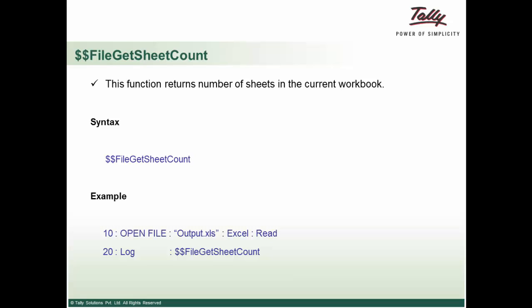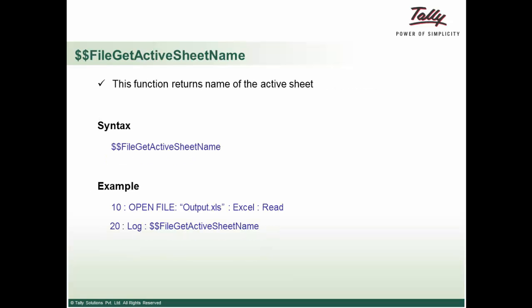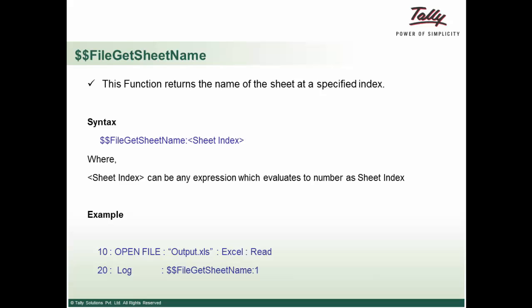Get sheet count tells you how many sheets are available in the current workbook. Get active sheet name gives the current sheet name that is active. Get sheet name, where you provide an index number, will return that particular sheet name.